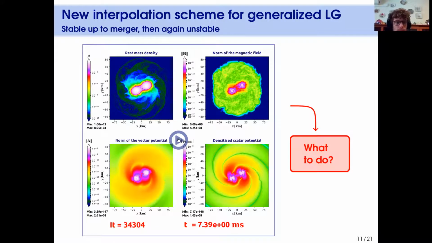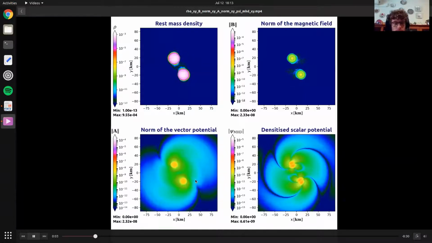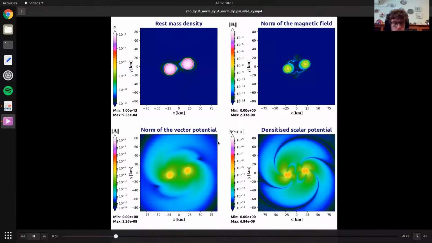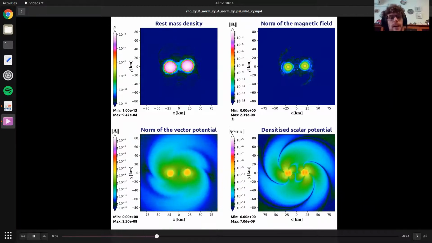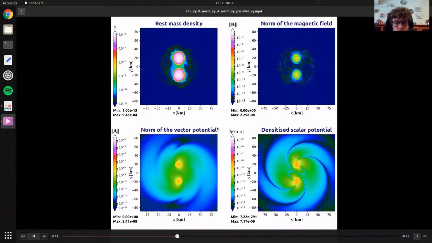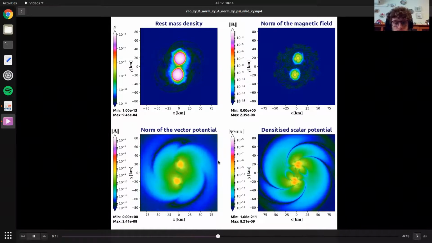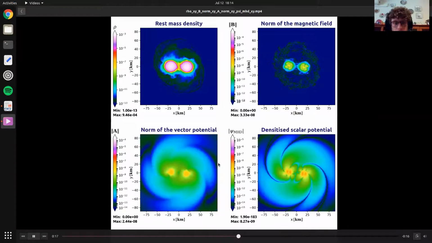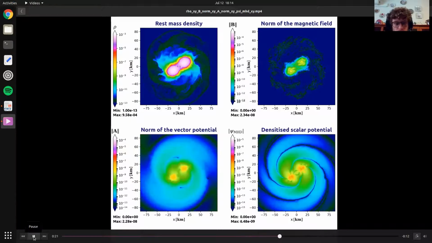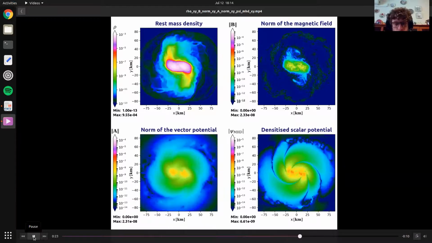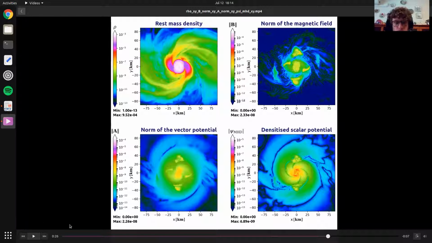However, just after merger, you will see that another kind of instability arises. Okay, so you see that everything is fine up to now. So I apologize for this movie being a bit long. Okay, let me stop the movie for a moment.